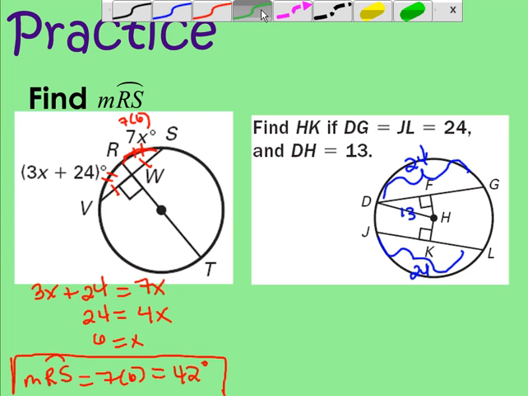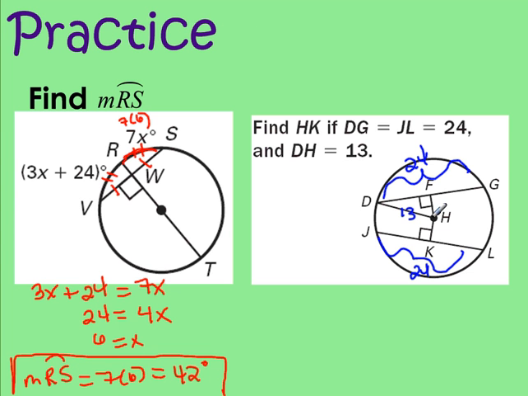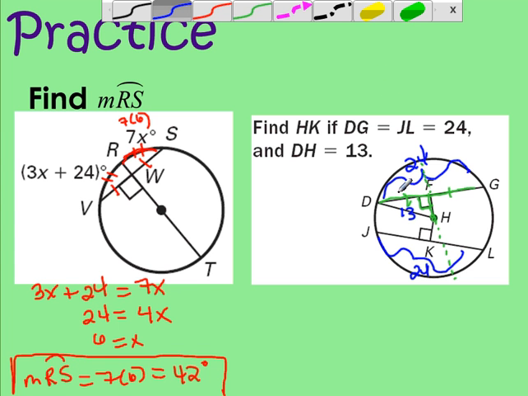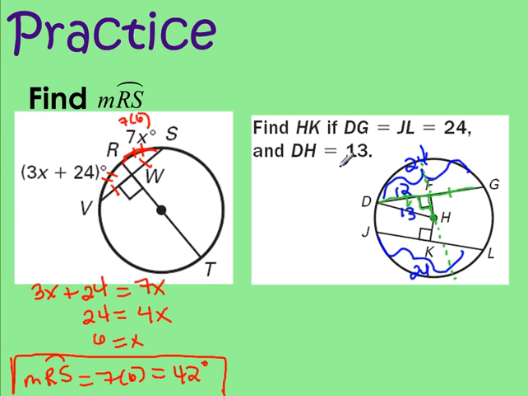What we're able to say is that since we have this part of a segment perpendicular to this chord, and I notice that it comes from the center of the circle, it could be considered part of a diameter, which means this is congruent to this. This chord is bisected. And if the total is 24, then that means this portion here is going to be 12. And we're asked to solve for HK.